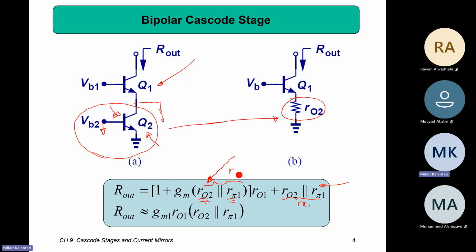This can be like r pi. So what will remain, this even can be more simplified, just r pi 1. What remains is that the R out can be R out times gm1 times r pi 1. Is it?